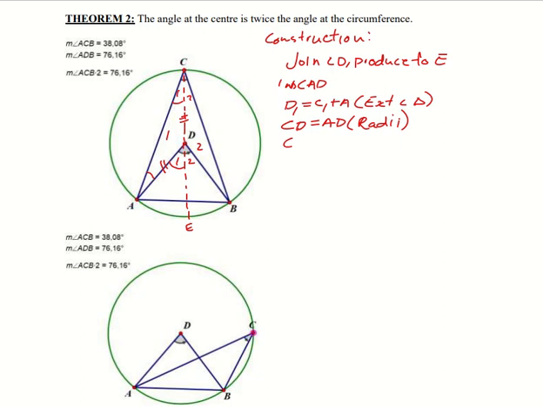So C1 is equal to A, meaning that D1 is equal to 2C1. Very simple, right? Then we continue.